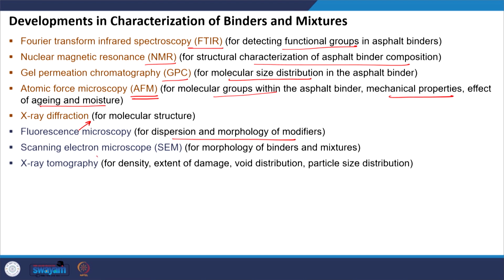Okay. SEM has been used, again it tells us about the morphology of binders and mixtures. X-ray tomography, which is a very costly equipment, has also been used to study characteristics of asphalt mixtures related to density, extent of damage, void distribution, particle size distribution, and so on.